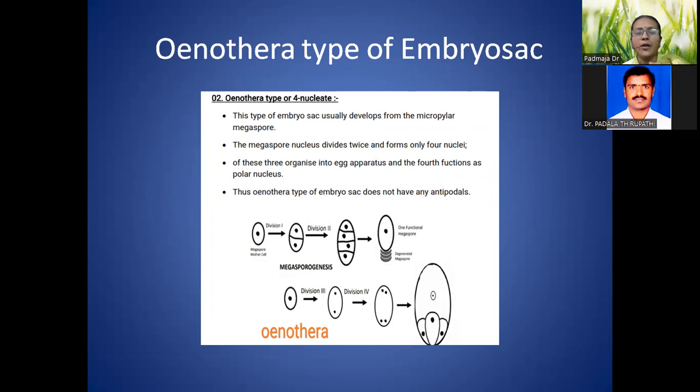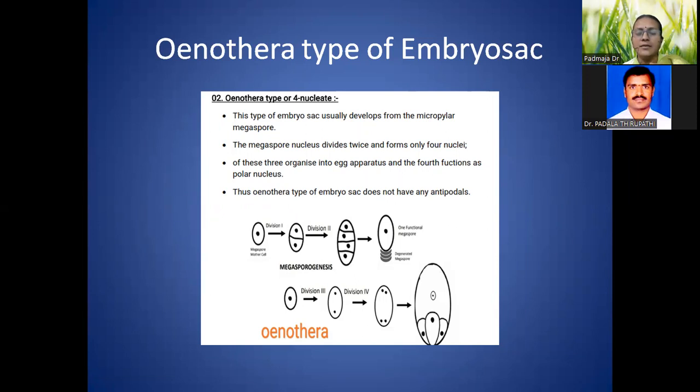And this haploid nucleus undergoes 2 mitotic divisions. As you see, after 1 mitotic division, 2 nuclei are formed. Again, the 2 nuclei undergo another mitotic division. As a result, 4 are formed. In these 4, the 3 will function as egg apparatus, and only 1 will remain at the center.